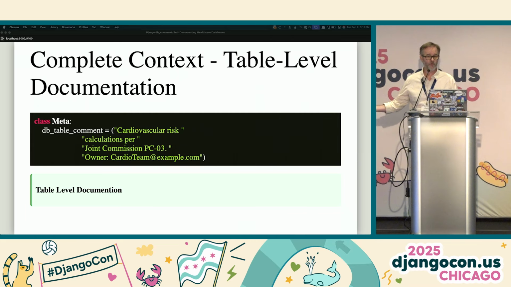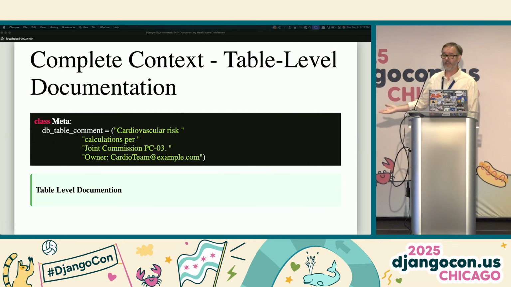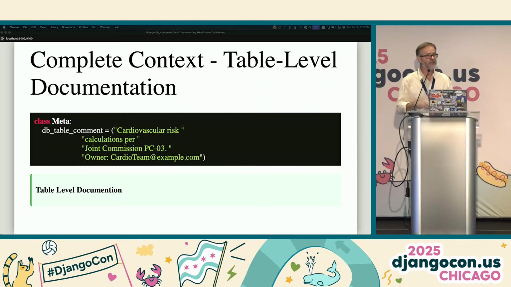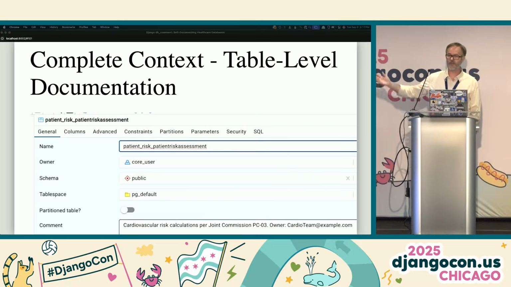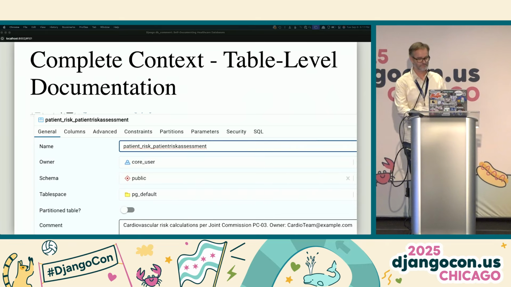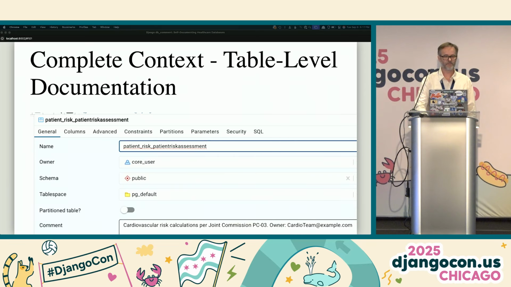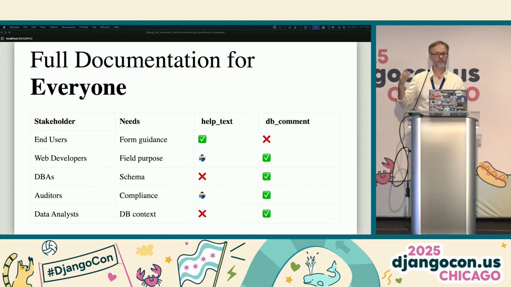We know who it's important to. We know who to contact even. So suddenly, there's all of this context there available in the database. And now you all have seen a comment inside of PG admin, and it's filled in. Okay, great. So we now have full documentation for everyone by using DB comment and DB table comment.